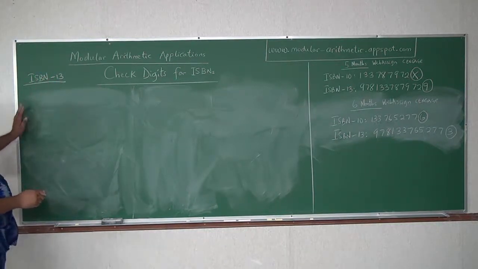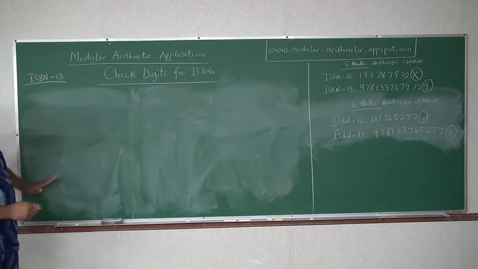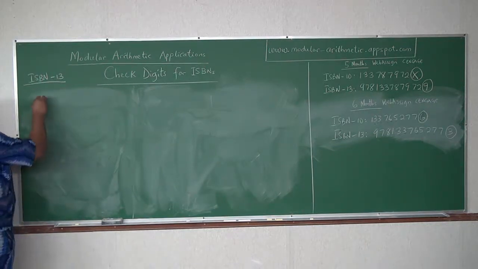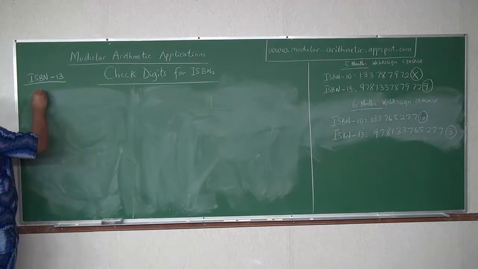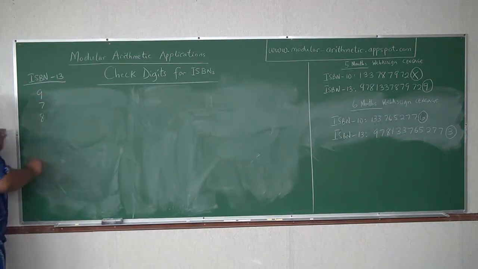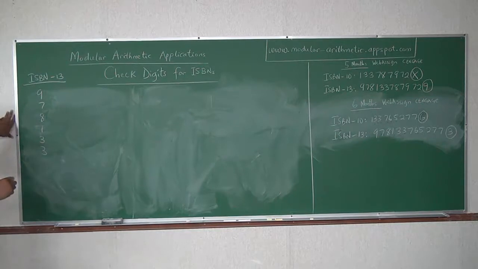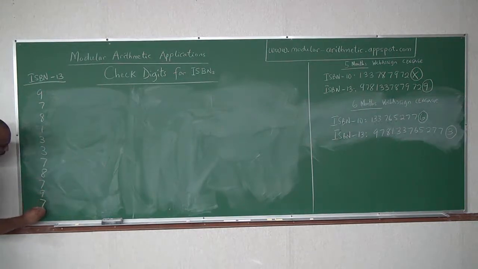So the first one, it's good to write it out vertically like that, okay? I have 978, 133, 78, 7972.